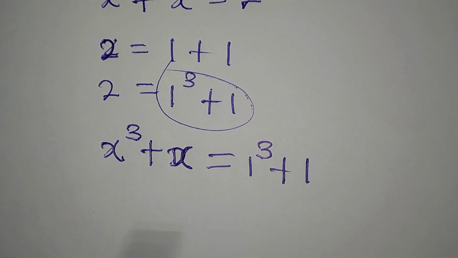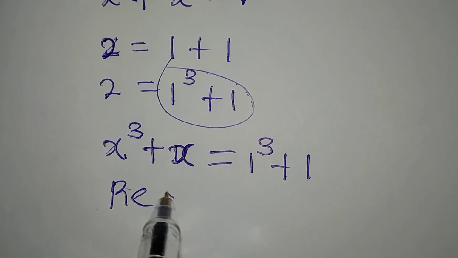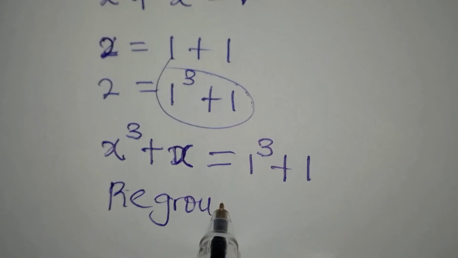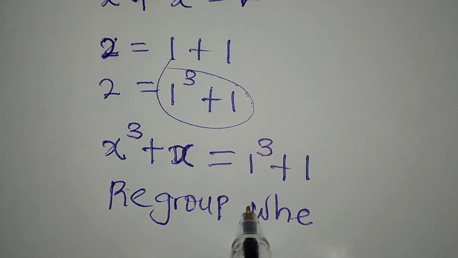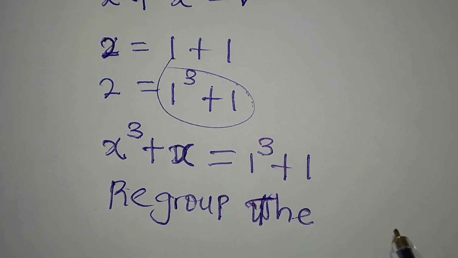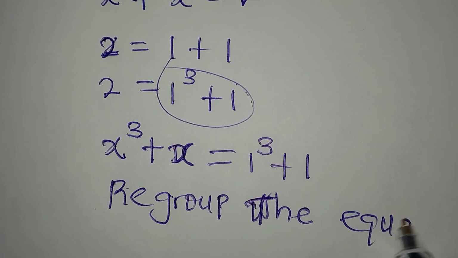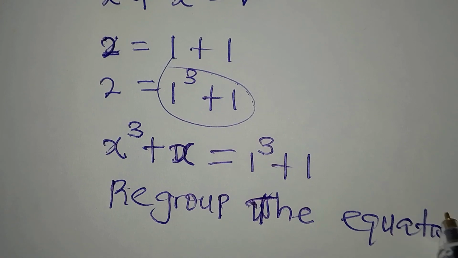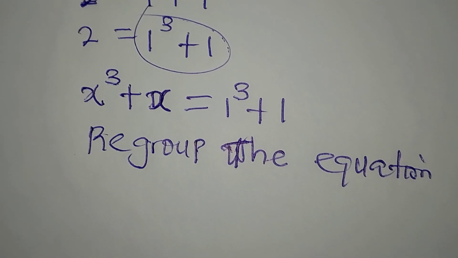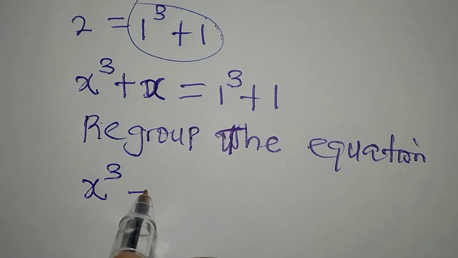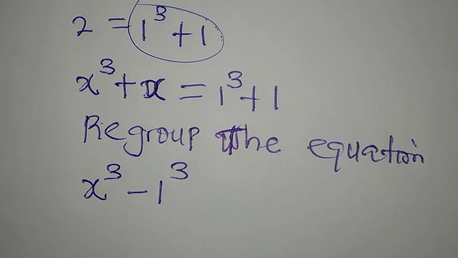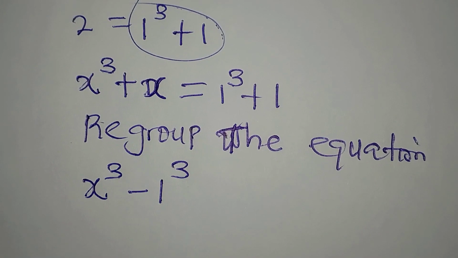Now let us regroup the equation. This is the equation. Okay, so to regroup now, we will have x to the power of 3 minus 1 to the power of 3, right?